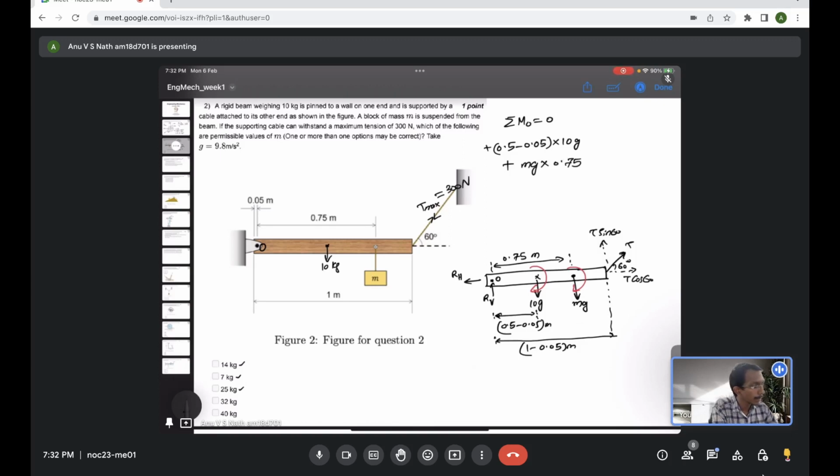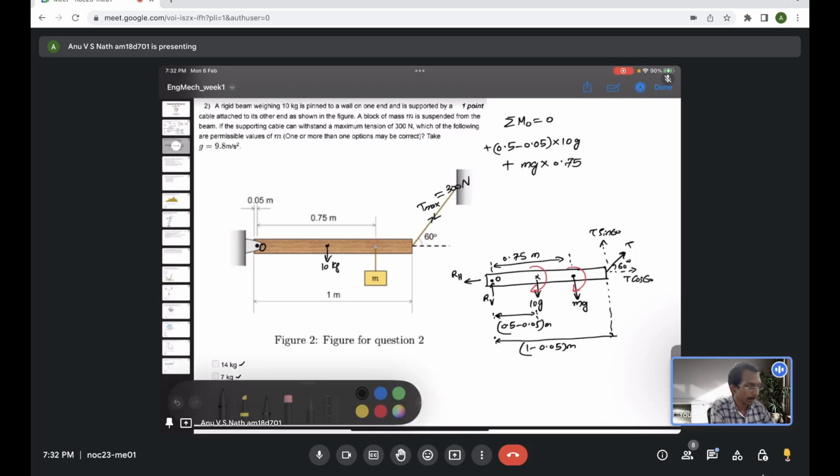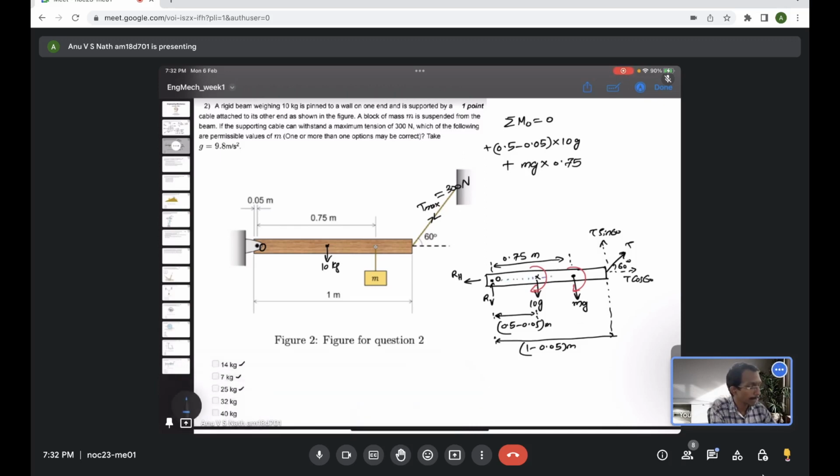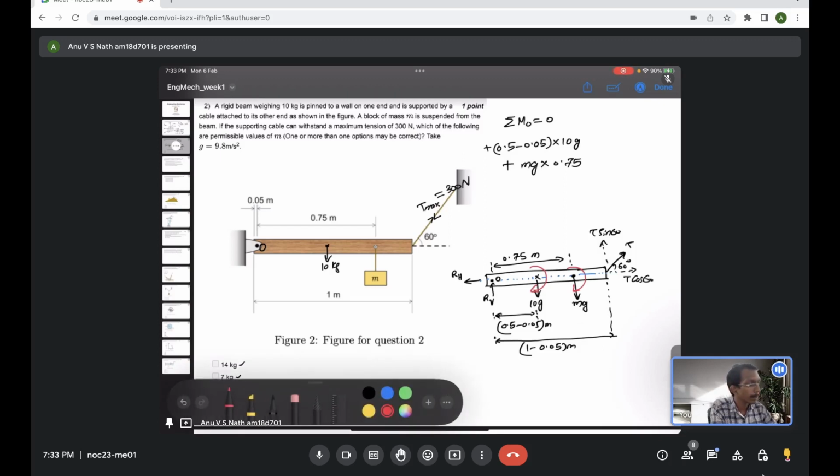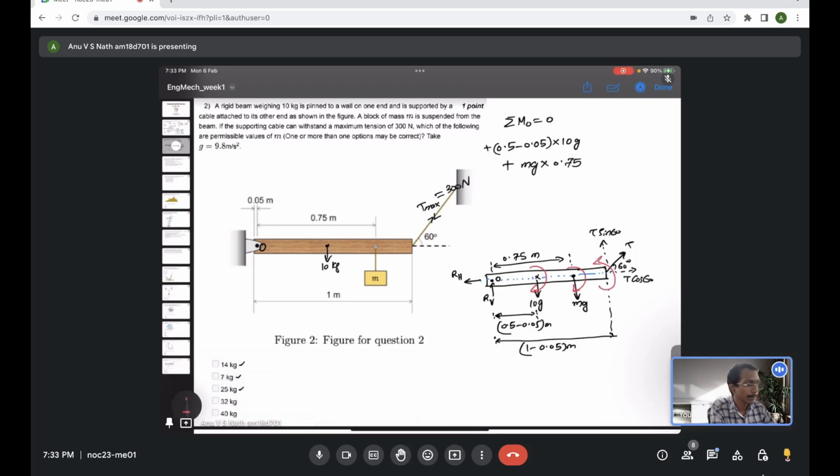Now the next force is tension, which has two components, T cos 60 and T sin 60. You can see T cos 60 passes through the hinge. If you extend T cos 60, it is not going to cause any moment because its moment arm is 0. T sin 60 is 1 minus 0.05 meter apart, so that will cause a moment, an anti-clockwise moment.